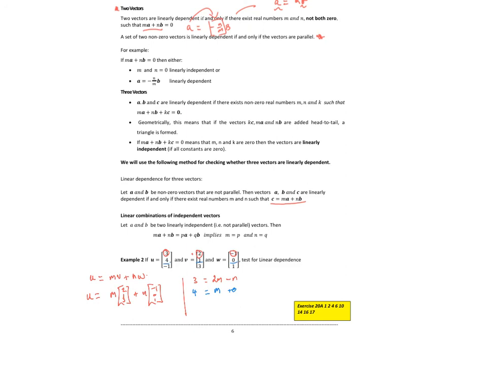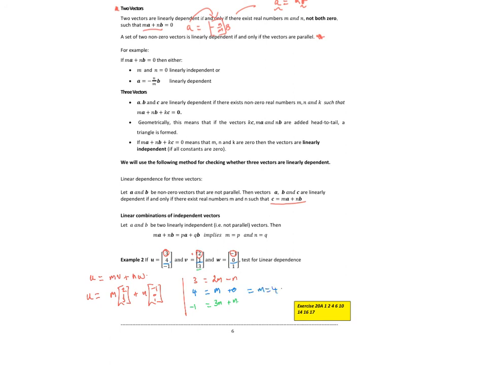And finally, I'm going to say that u, which is negative 1, is equal to 3m plus n. All right. Now, these will be linearly dependent if there's an m and n that satisfies these equations. So from here, I know m is equal to 4.